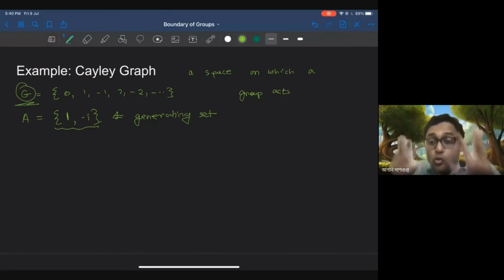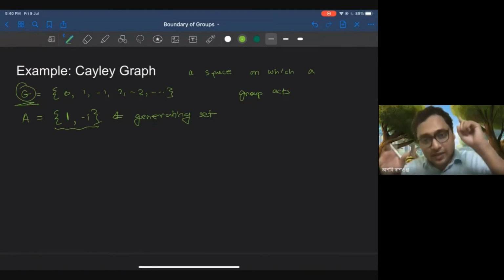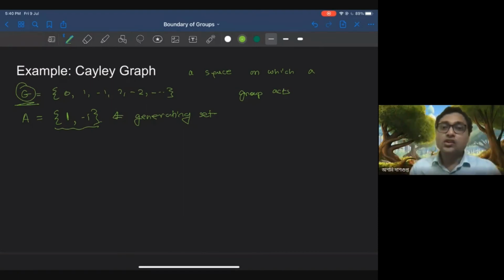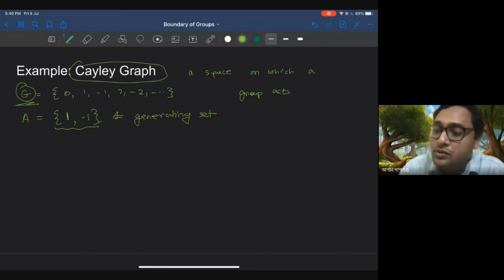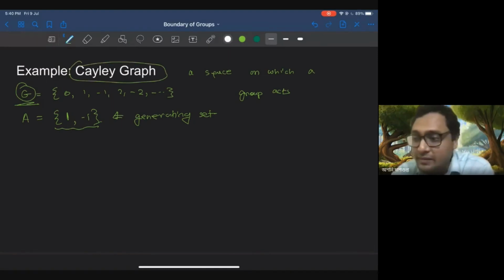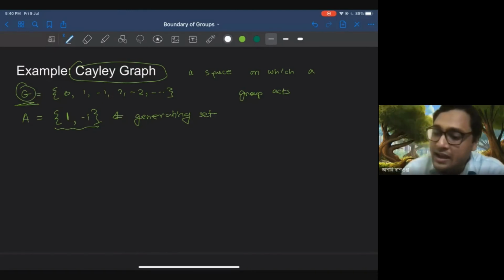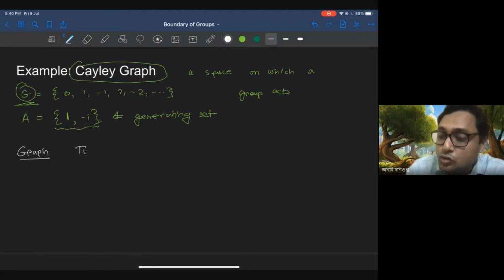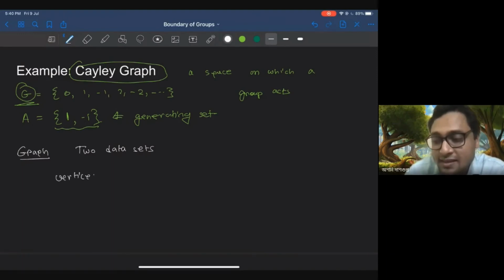So the intersection of all the subgroups of G containing 1 and minus 1 is G itself. You can check that. Given these two pieces of information, the group and the generating set, we can create something called the Cayley graph of the group. Maybe you know this already, but I'll just say it quickly. It's very simple. A Cayley graph contains two data sets, a set of vertices and a set of edges.